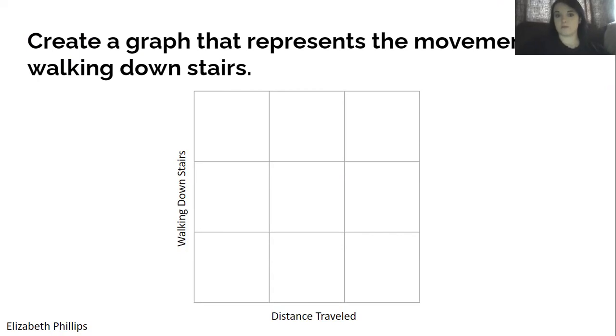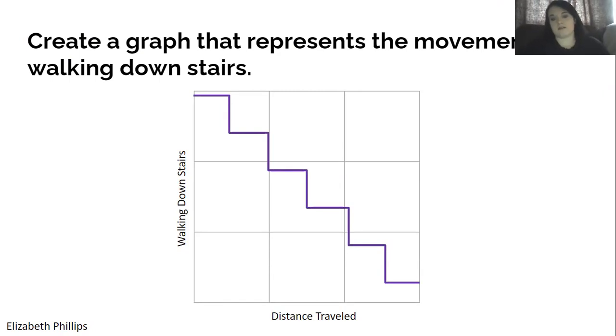So that movement is going to look something like this, like a step, because that's the movement you follow as you go down them. With every step you take, eventually you're going to have a line like this, and it demonstrates that the farther you travel, the lower you're going to go as far as your flight of stairs goes.